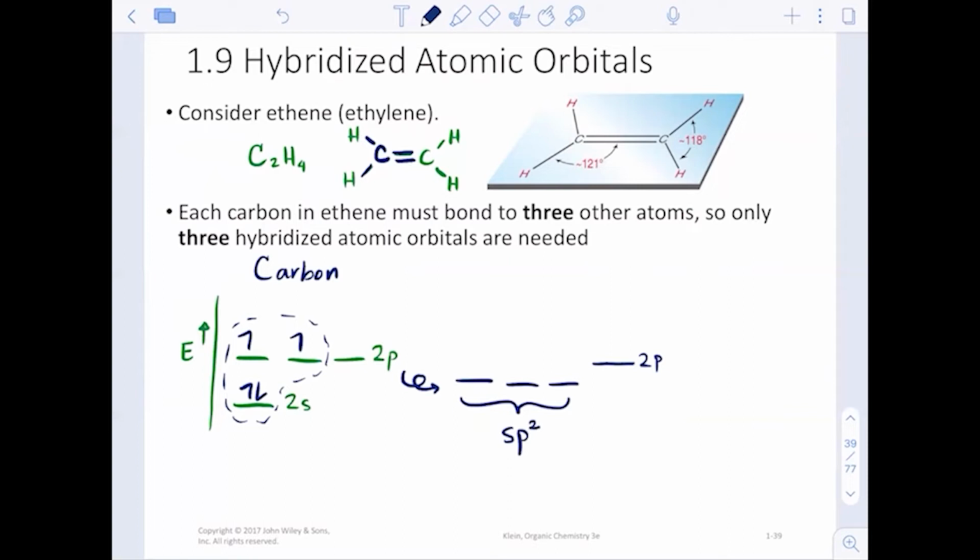We took an S and we took 2 of the p's. We're counting up electron groups. We still can put 1 of each electron in there. The p is very close in energy to the sp2. They're not that much difference. But what we see now is a different hybridization, a different type of bond.